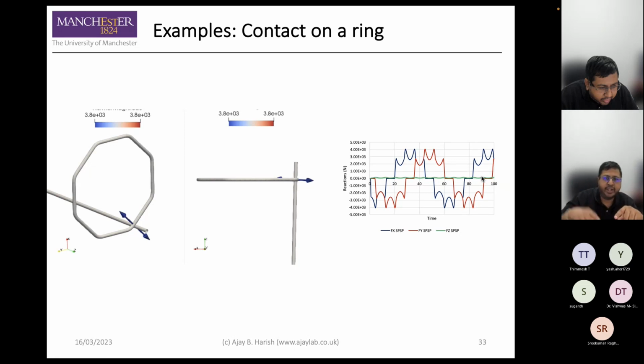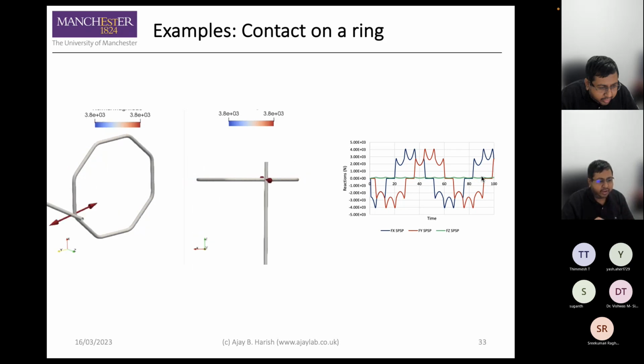As it rotates, both the FX and FY change, not just in direction but also in magnitude, particularly jumping near the kinks, which are really more complicated to capture, particularly when there's a sudden change in, let's say, the normal vector.